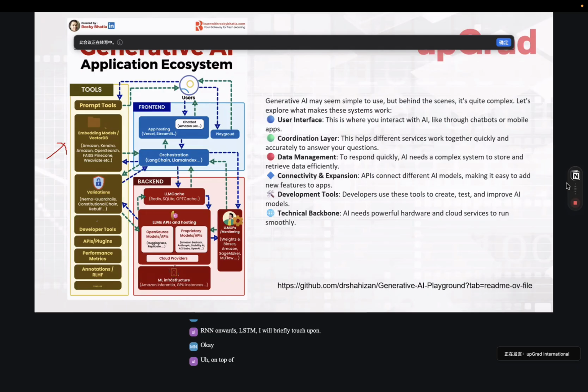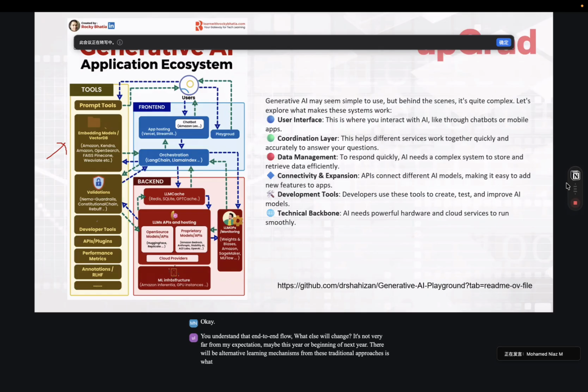On top of it, we will concentrate on attention models, then the transformer architecture itself, because that is the fundamental thing. My expectation is you understand that end-to-end flow. What else will change is not very far from my expectation. Maybe this year or beginning of next year, there will be alternative learning mechanisms to these traditional approaches. That is what I'm betting on.